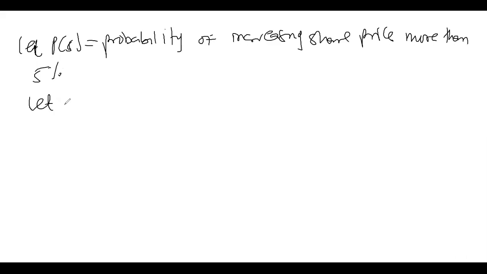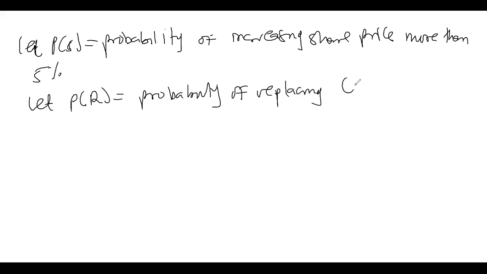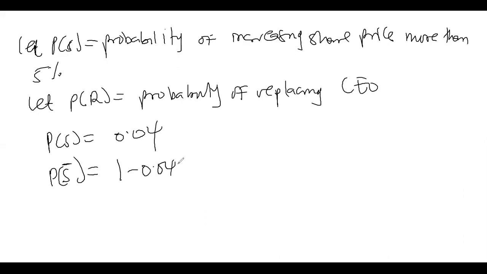And let R be the event of replacing the CEO. Now the question says that the probability of increasing share price by more than 5% is 4%. So in essence, probability of S is 0.04. Of course, the probability of not S will be 1 minus 0.04, which is 0.96, okay?